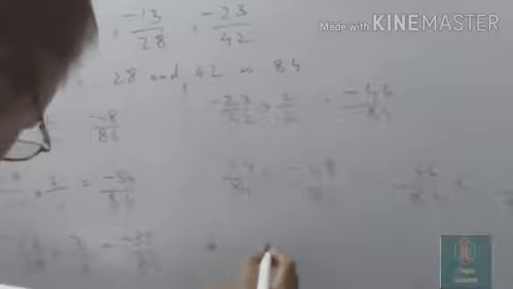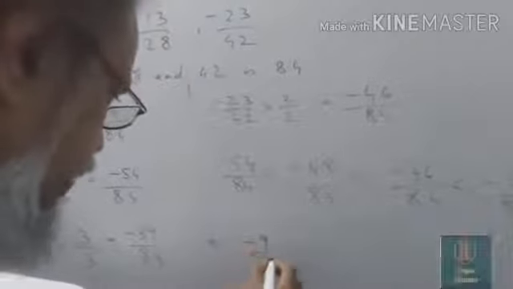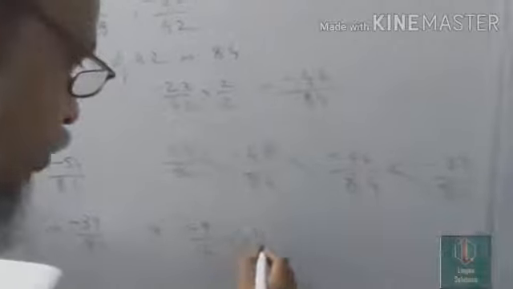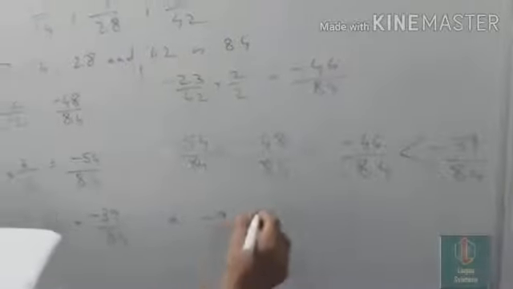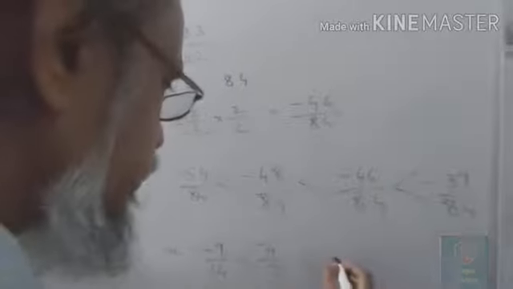That is, minus 9 by 14 is less than minus 4 by 7 is less than minus 23 by 42 is less than minus 13 by 28. Our next question is, arrange the following rational numbers in descending order.